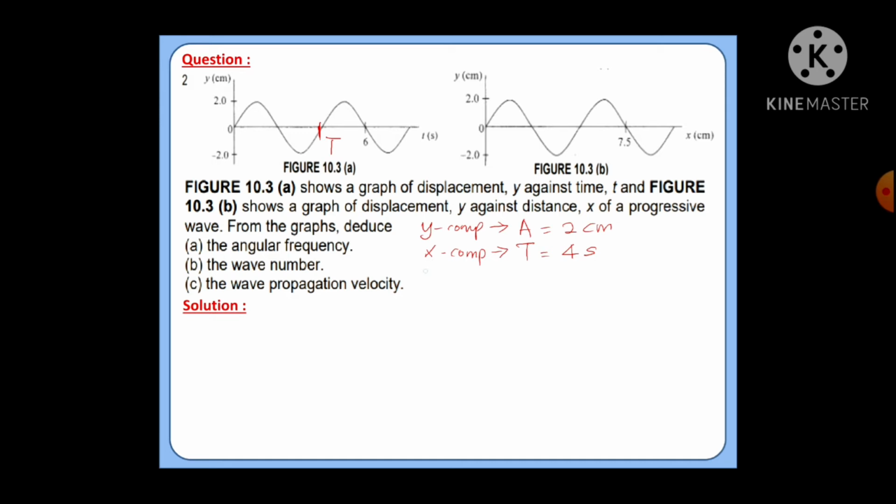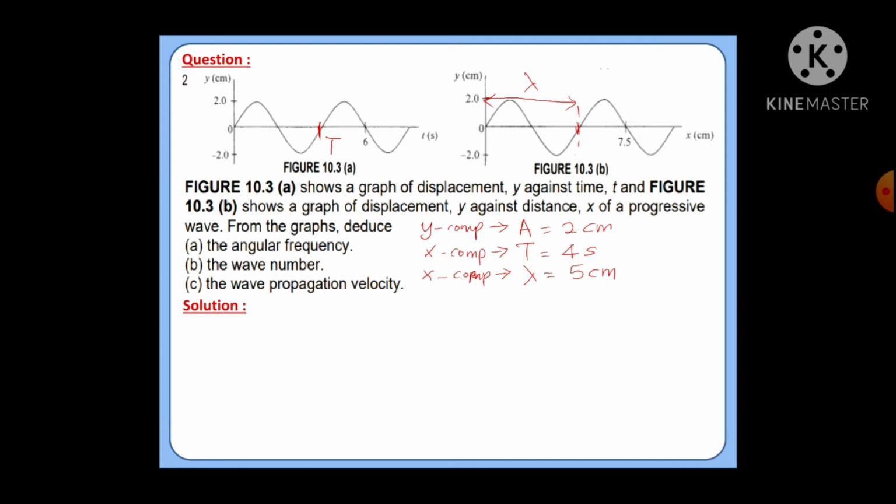For the second graph, we get the hidden information at the x component. Because the x component represents distance, we get the wavelength of the progressive wave, which is equal to 5 centimeter.